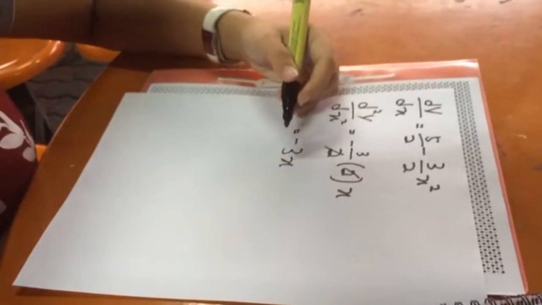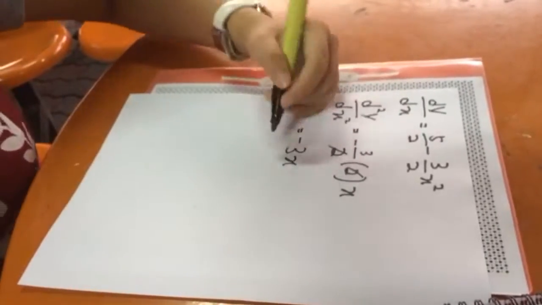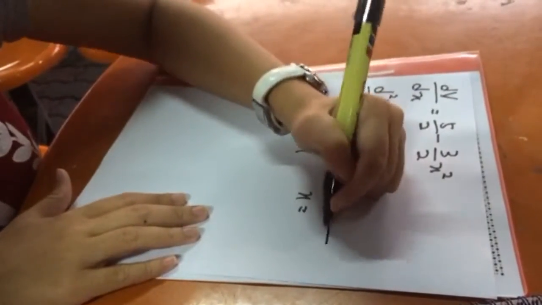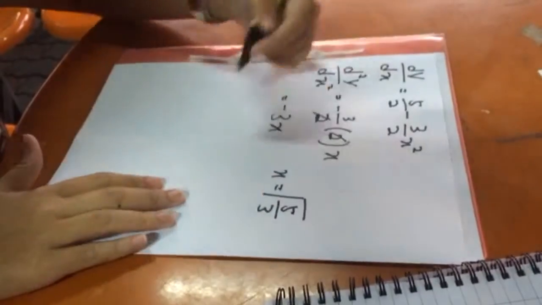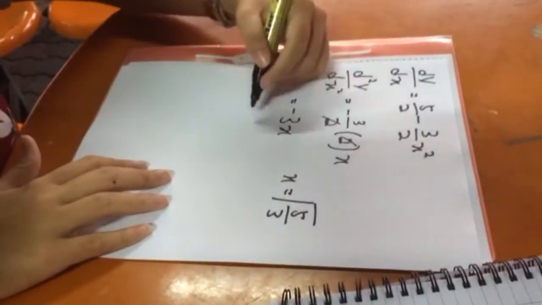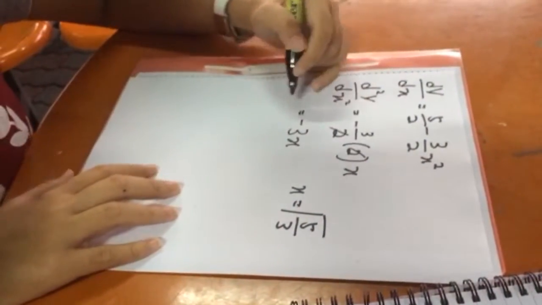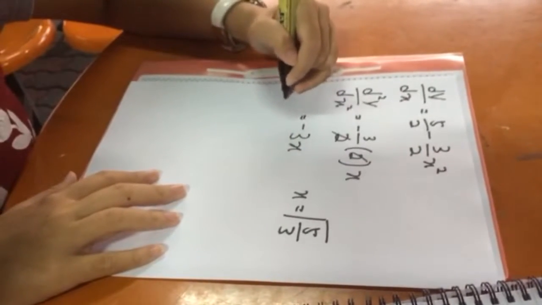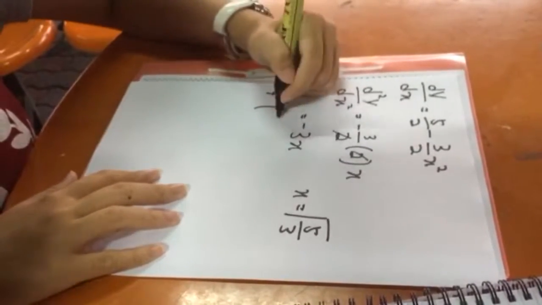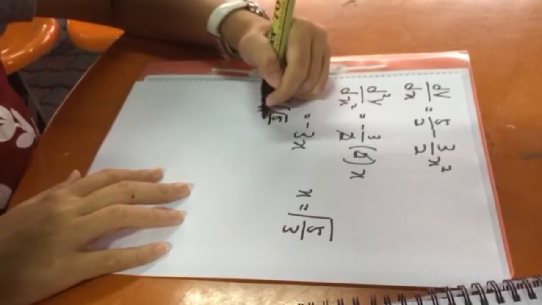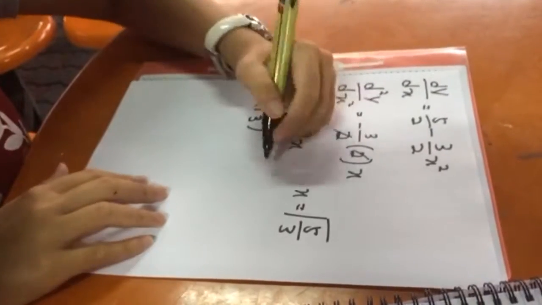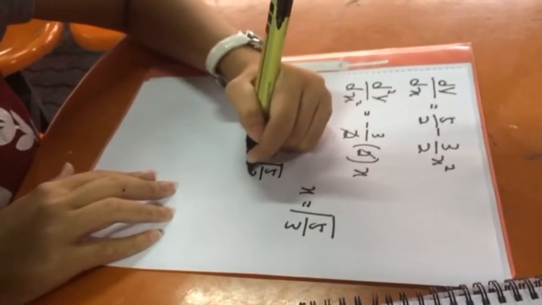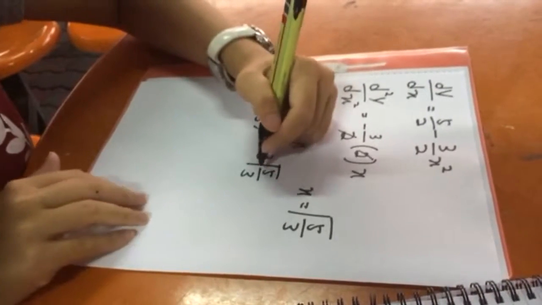Then you substitute x equals square root of 5 over 3 into the second derivative. It becomes negative 3 times square root of 5 over 3.